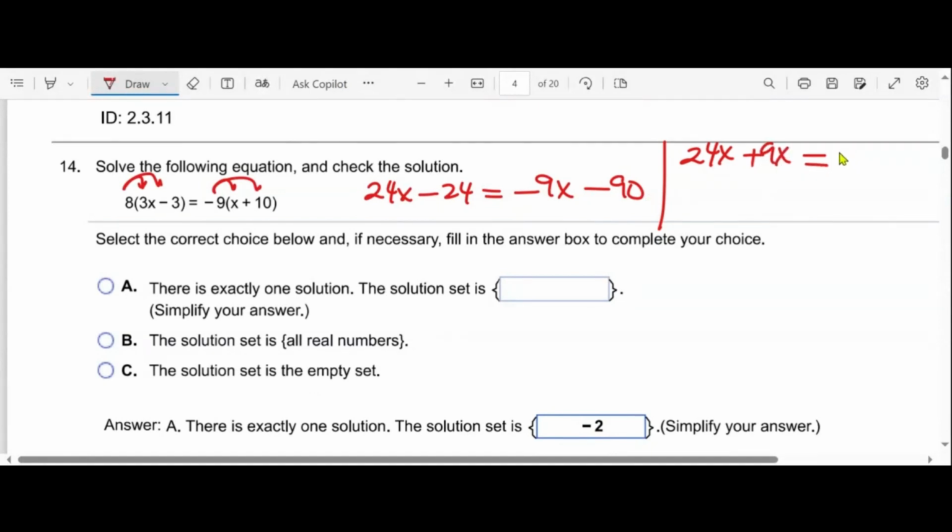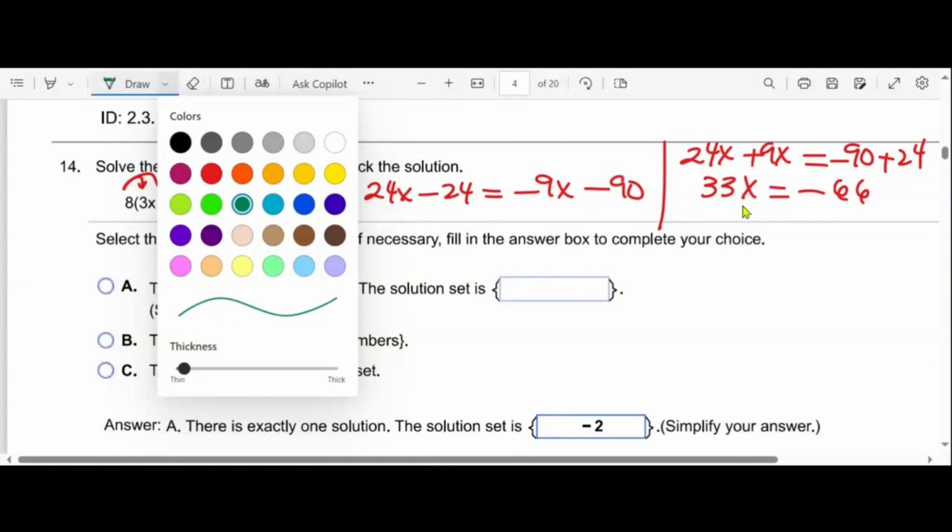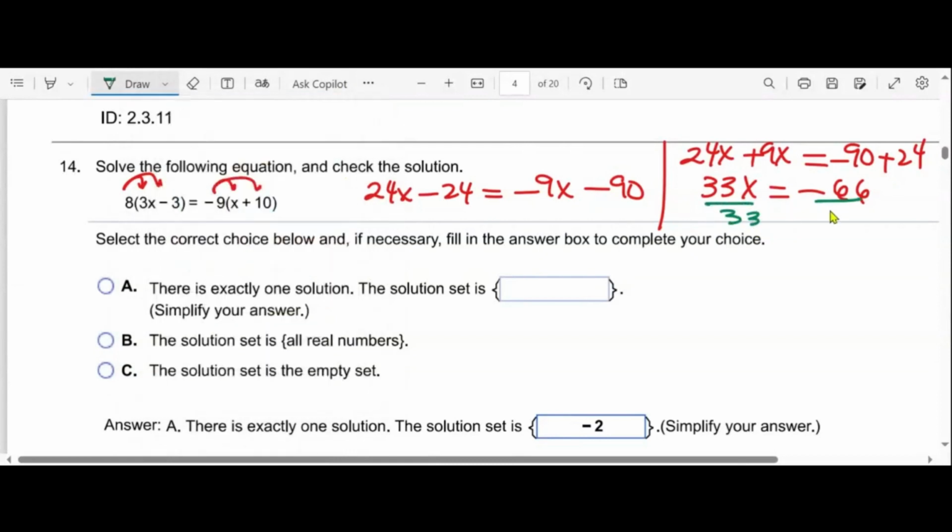How much you have? 33x equals... -66. Negative 66 divided by 33. So x equal what? Minus 2. Easy.